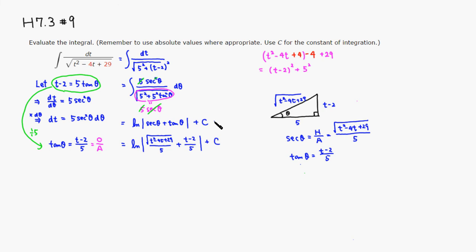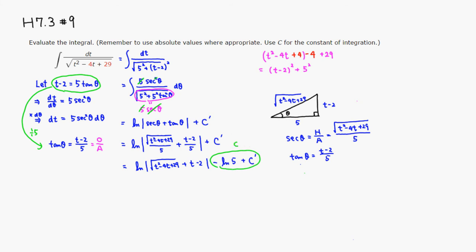Plus c. But when you have a fraction, we can split that into the natural log of the absolute value of the square root of t squared minus 4t plus 29 plus t minus 2, minus the natural log of 5, plus some constant c. I'm going to use c prime so that I can combine these two constant terms, then write it as just c.